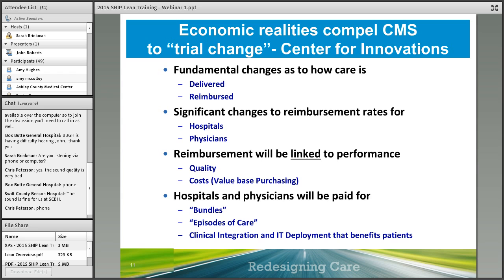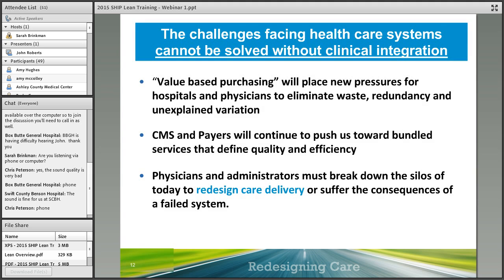So these changes, as we've seen with the Center for Innovation with CMS, are really looking at how we can link performance to quality and cost, and how we tie that back to reimbursement. And so those changes and those tests are happening as we speak.